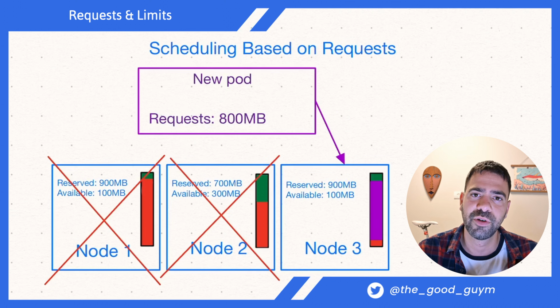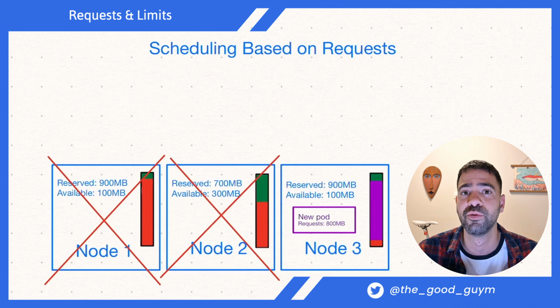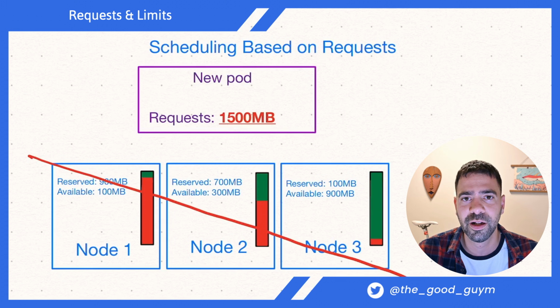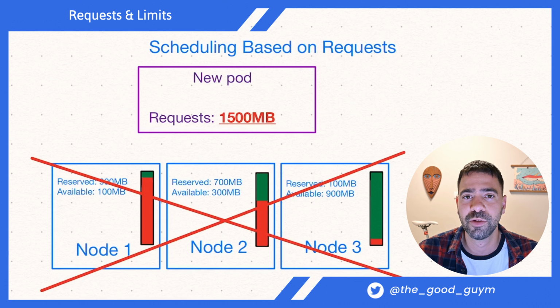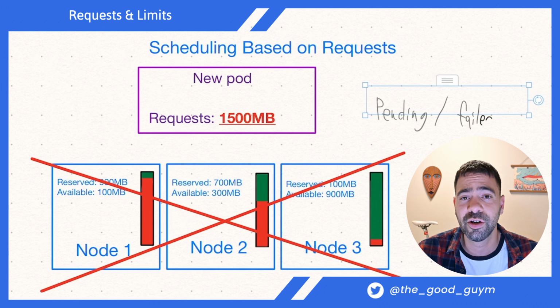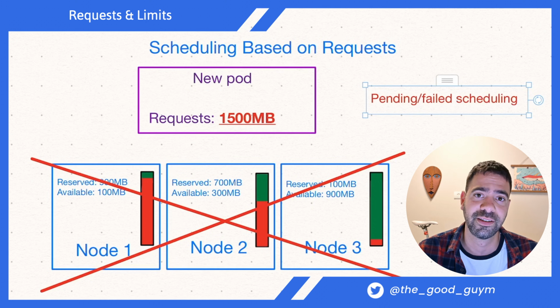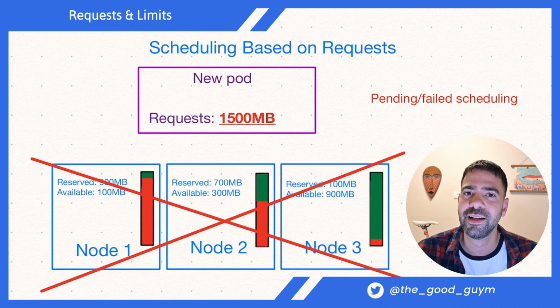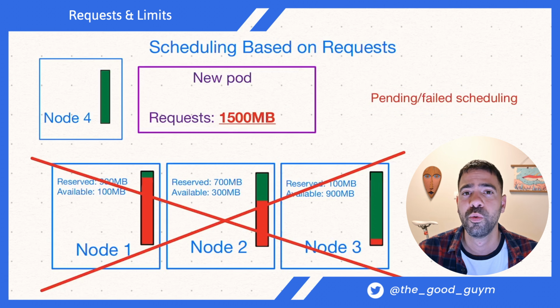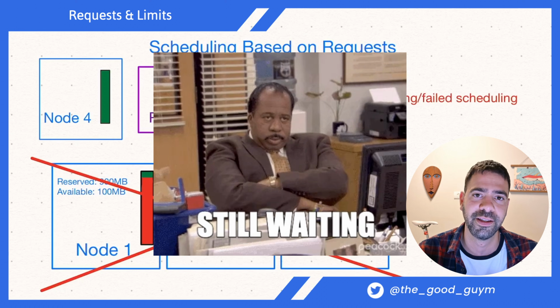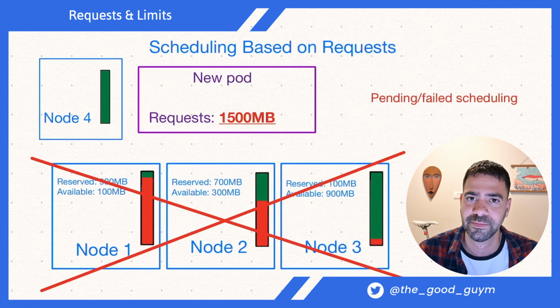Now Kubernetes looks at all of the nodes and finds the right one for it to run on. If there is none available, then the pod will be pending for scheduling or will fail scheduling, depending on the time frame. In general, what happens when a pod is pending? We are waiting for the cluster autoscaler to spin up a new node and then our pod will run on it.